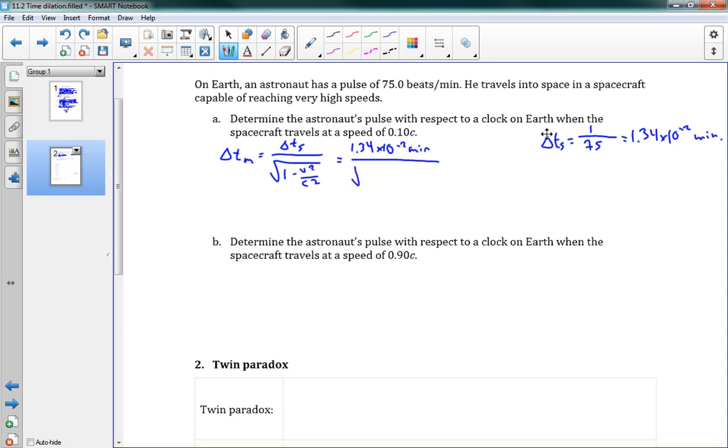over square root of 1 minus v squared over c squared. Well, this is going to be 0.10c squared over c squared, and you can see that the c's are going to cancel out. So we get 1.34 times 10 to the negative 2 over root 1 minus 0.01.